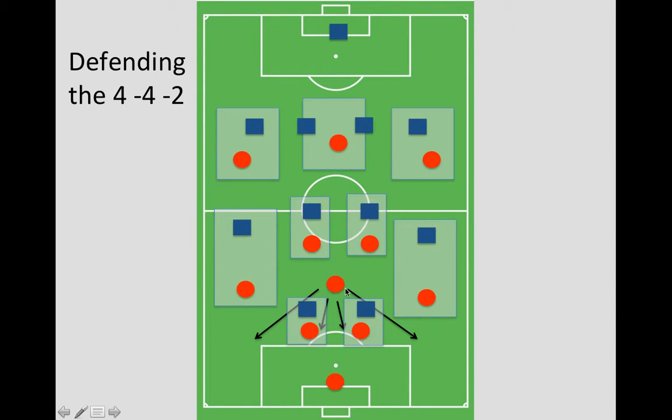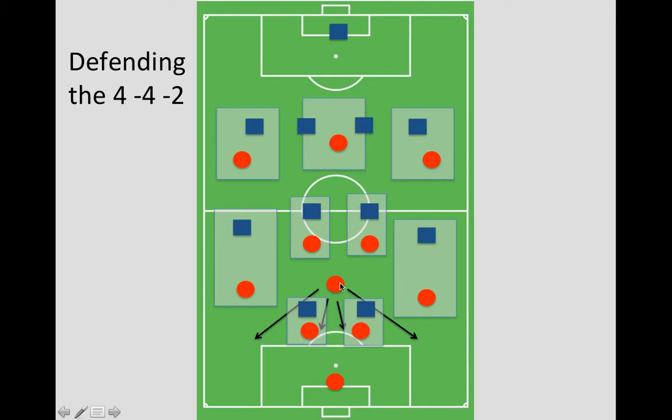So we're going to try and force these forwards to become one-dimensional, whatever dimension they choose, whether it's over the top or having to drop all the way back into the midfield to gather the ball. And then again, that's playing into this man's role.